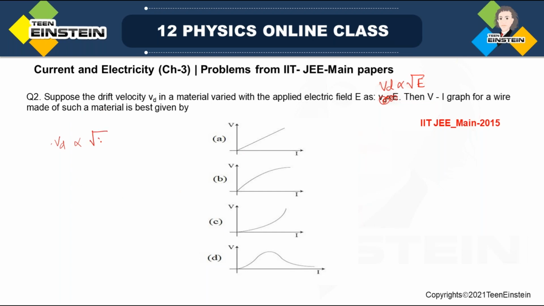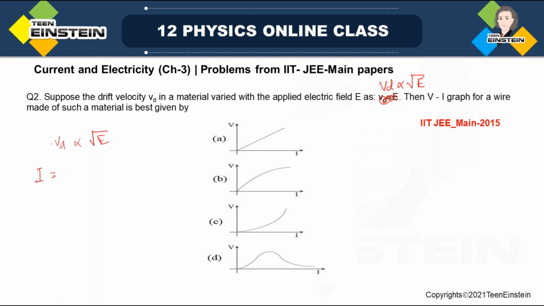So given this, Vd is directly proportional to square root of E. We have to find out the current voltage relationship.